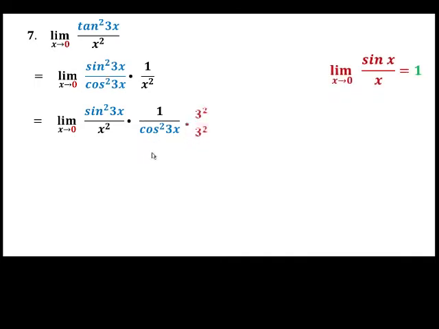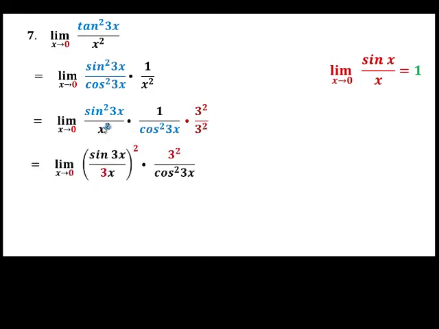So we multiply the whole expression by 3 squared over 3 squared, so that as we distribute 3 squared below sine, here 3 squared x squared is x squared, sine squared, we remove the exponent outside.